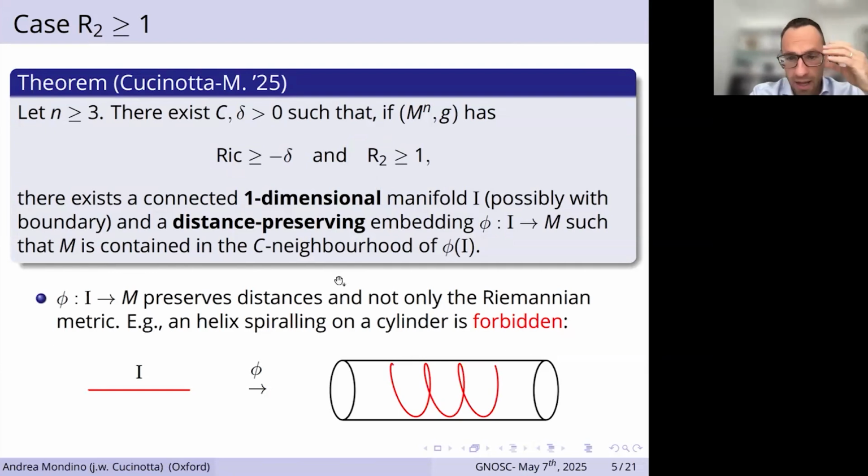This forbids behavior like a helix. A helix spiraling on a cylinder is forbidden. So it is really like a line. It is not just a geodesic. So this phi of I is really an isometric embedding globally.